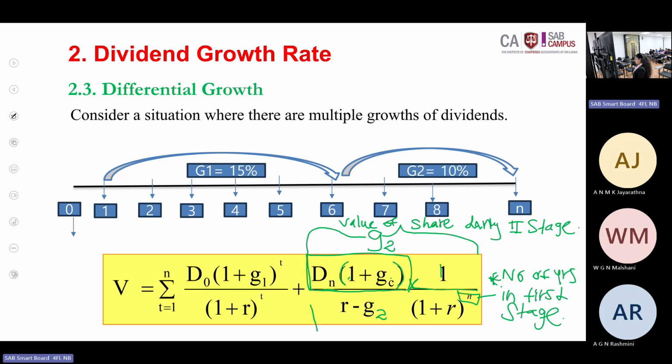The first stage starts from year 1 until the nth year, we don't know. Nth means here the end of the first stage.